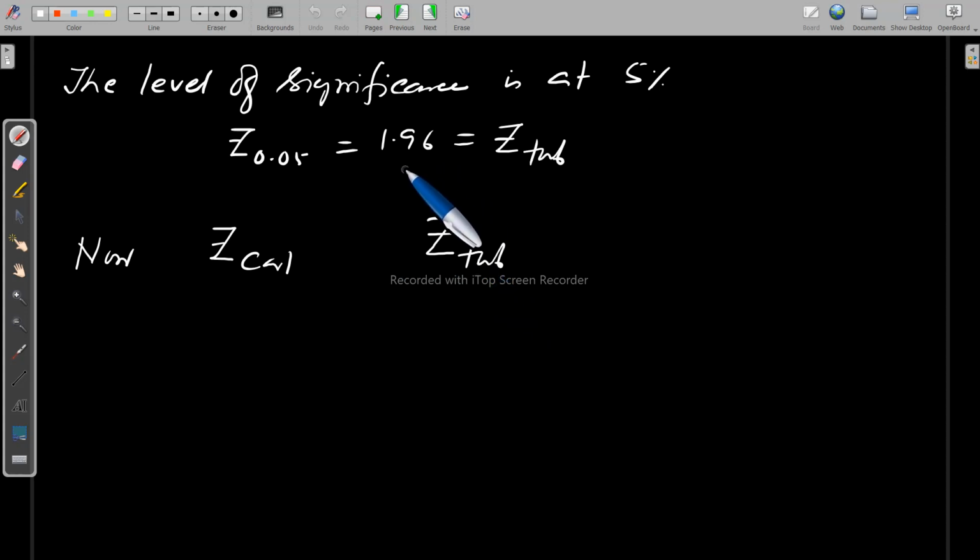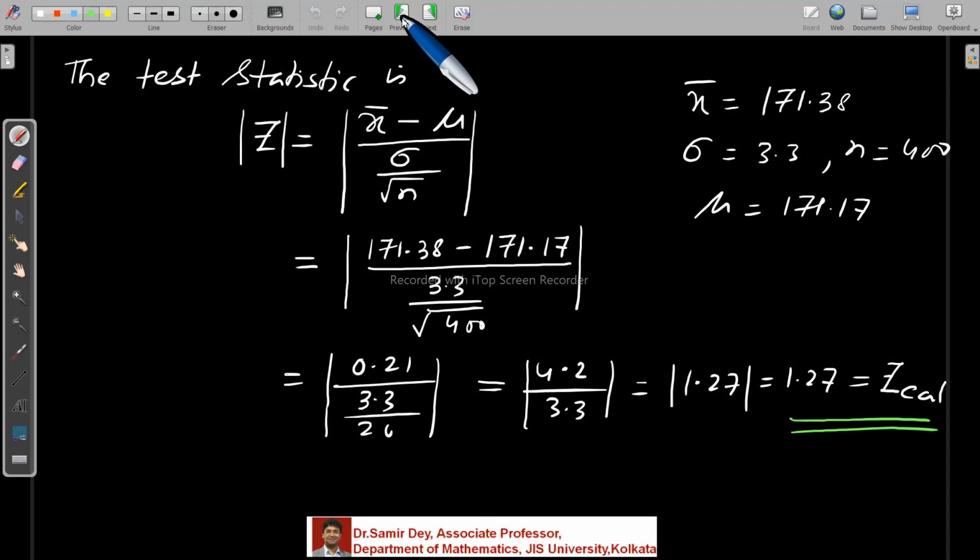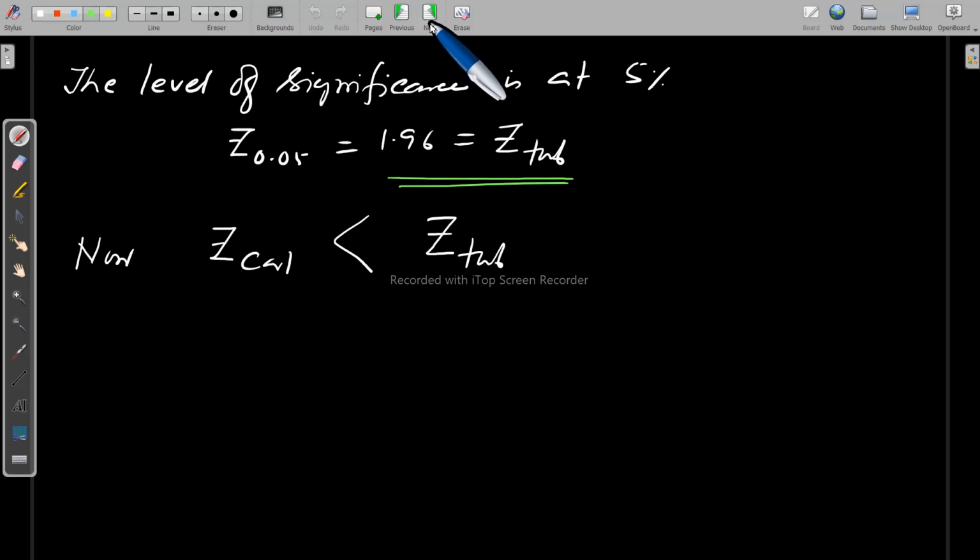Which one is big? This one is big. So you write this, the less than sign. Is it clear how to decide this? Z tab is equals to 1.96, and Z-cal is 1.27. Clear? So you write down this one.